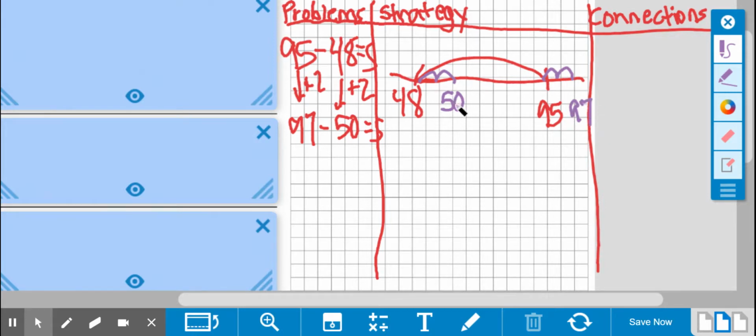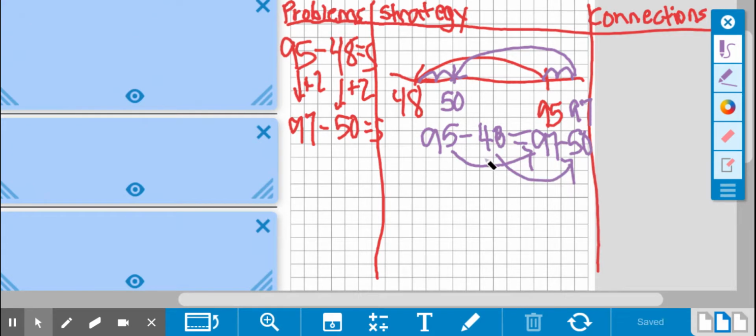I like the fact that this is a friendly number, and if I take away 50 from 97, then I get my answer, don't I? 95 minus 48 is the same as 97 minus 50, because we added 2 here, and we added 2 here. It's constant. So the answer is 47 for both.